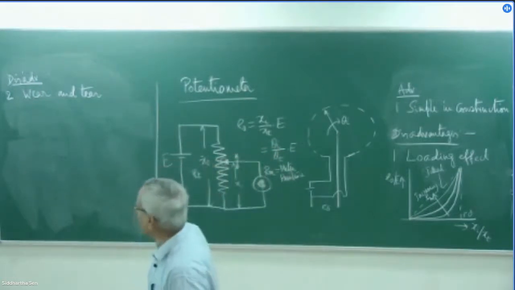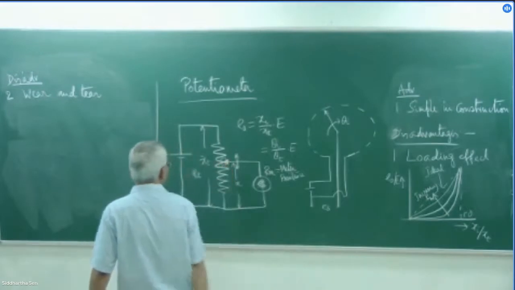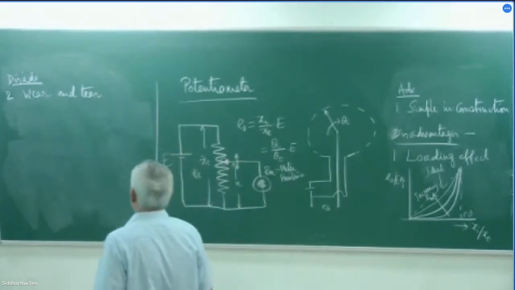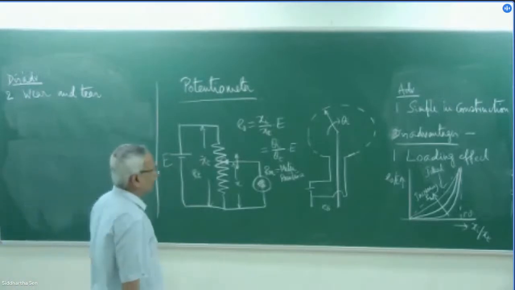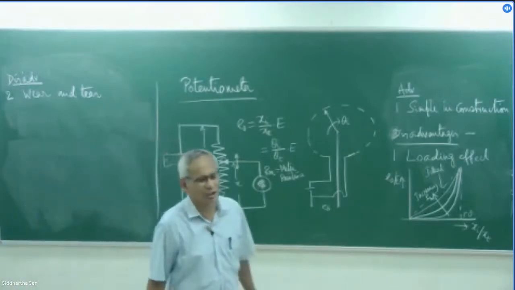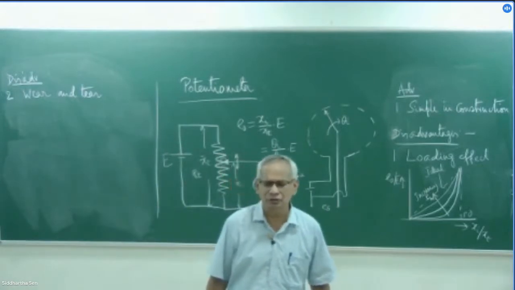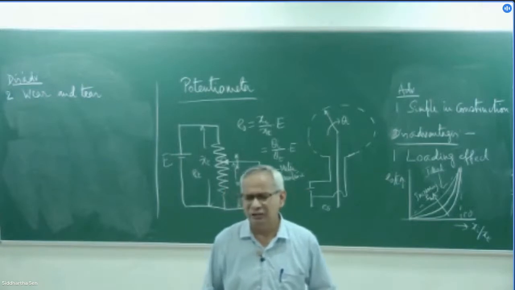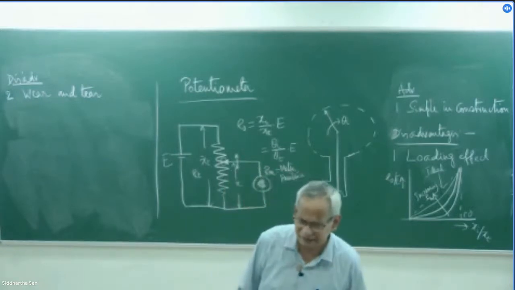And these all give a good amount of noise in the circuit, and that's why wear and tear is a big problem, which basically reduces the use of the potentiometer in a practical sense.